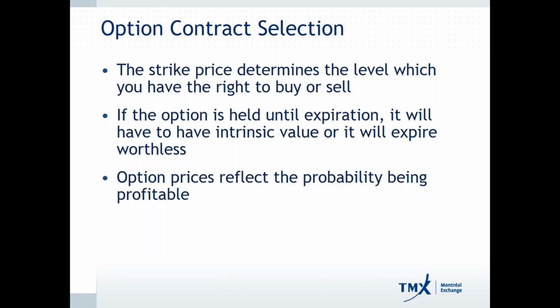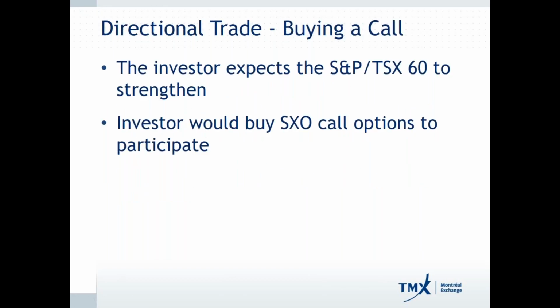So you're able to take advantage of buying options, calls or puts, in a low volatility environment with the expectation that volatility will increase, and that will influence the value of the contract and help with our profitability.